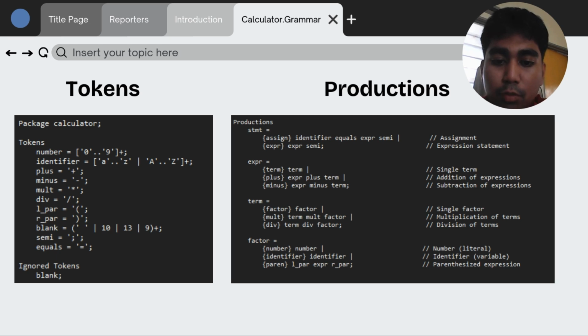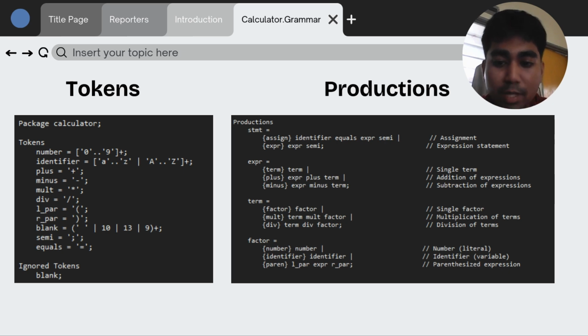So let's move to the productions. Productions define the structure of valid statements and expressions. There are three key parts, which are statements. Statements are complete instructions like assigning a value to a variable, like x equals 5 plus 3, or just evaluating an expression, open bracket 5 plus 3 close bracket.